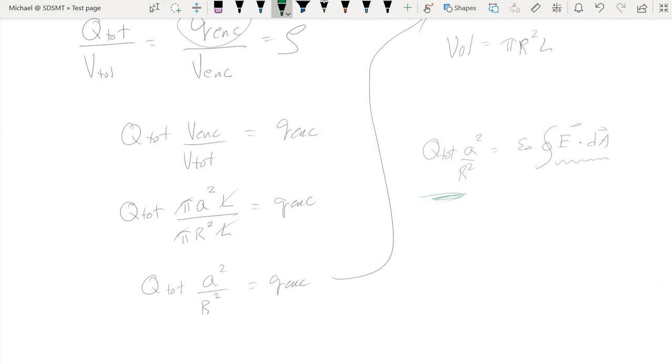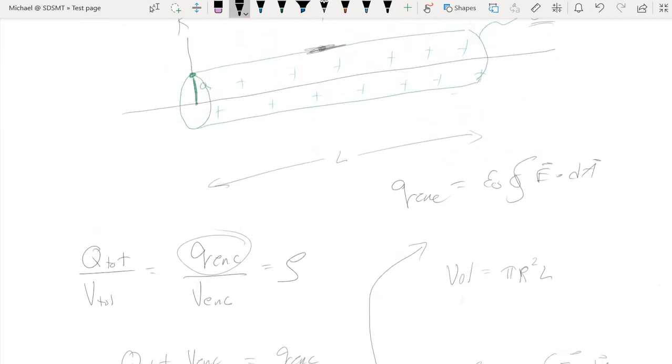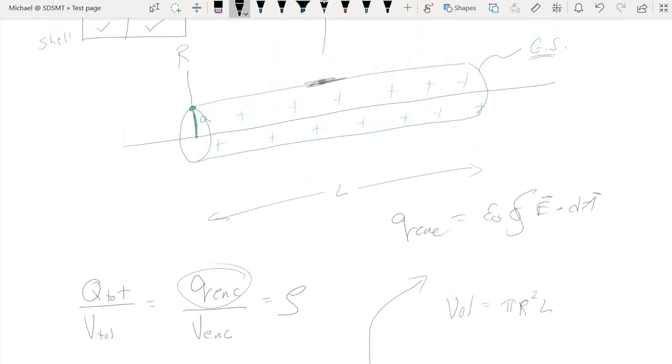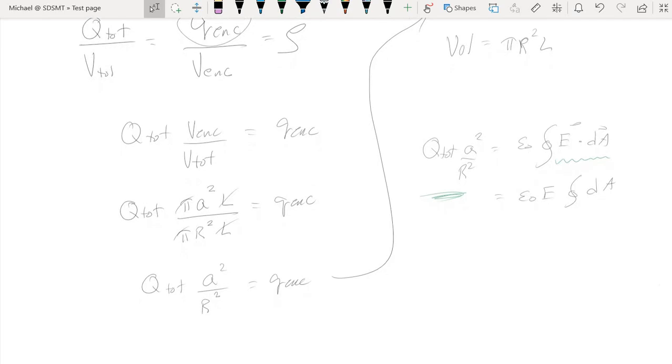And if we carry through the math with Gauss's law, the integral that we take with respect to the surface area of our Gaussian surface, or our container, is a surface area of radius A, which is 2 pi A times L. This is the surface area of the drum portion of the cylinder.